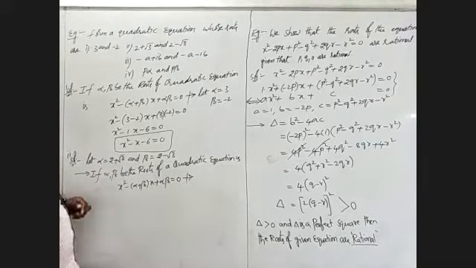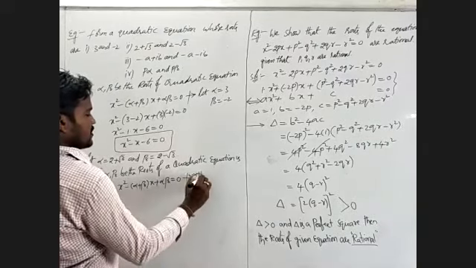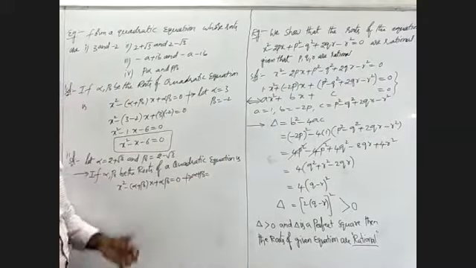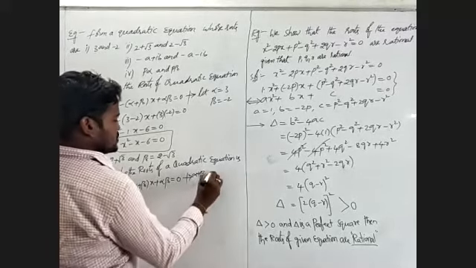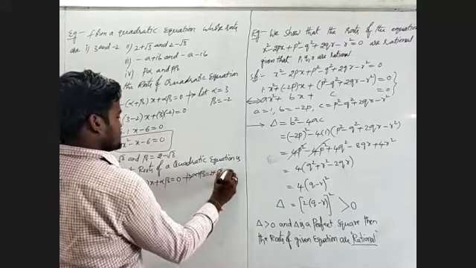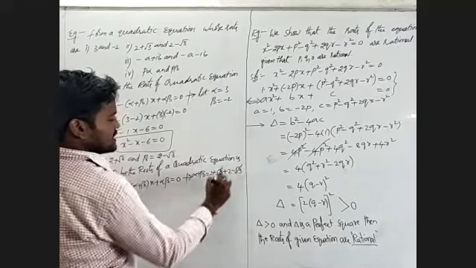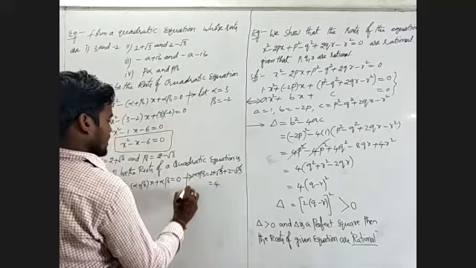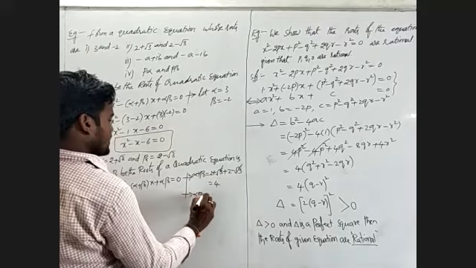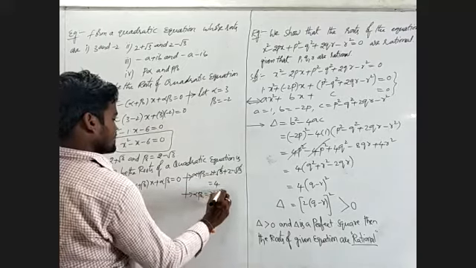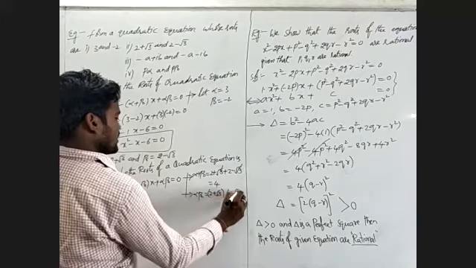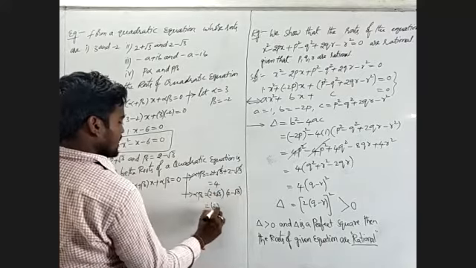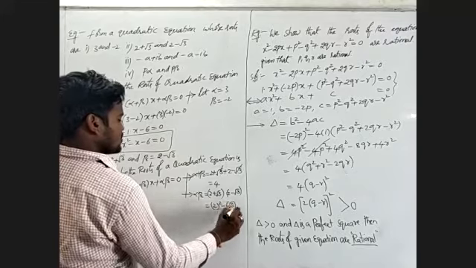First we'll find the value of alpha plus beta. Alpha is 2 plus root 3, plus beta is 2 minus root 3. Minus and plus will be cancelled. 2 plus 2 is 4. After that alpha beta is equal to 2 plus root 3 into 2 minus root 3, that is 2 square minus root 3 whole square.